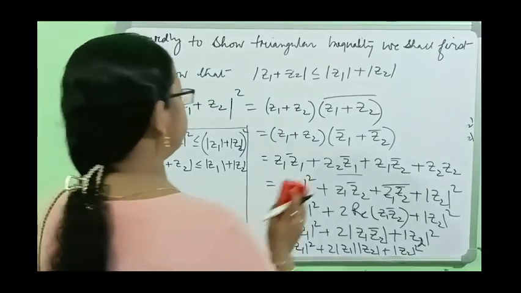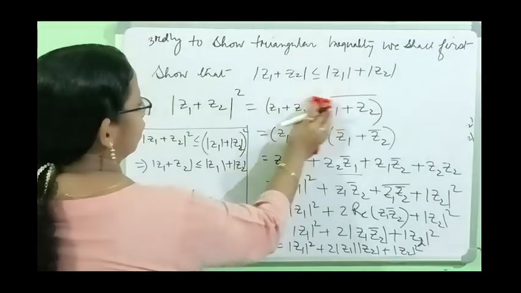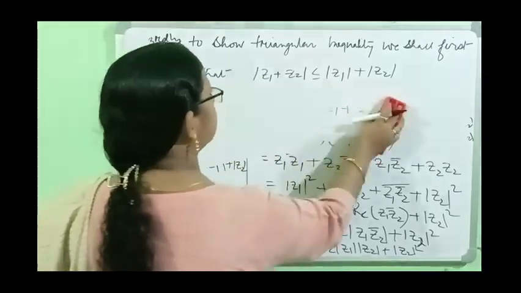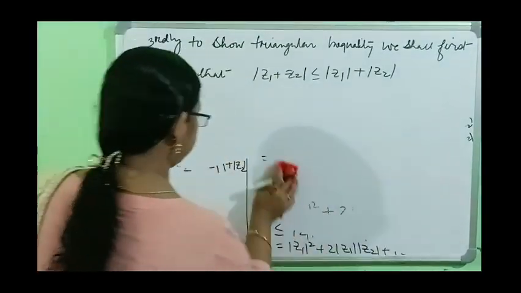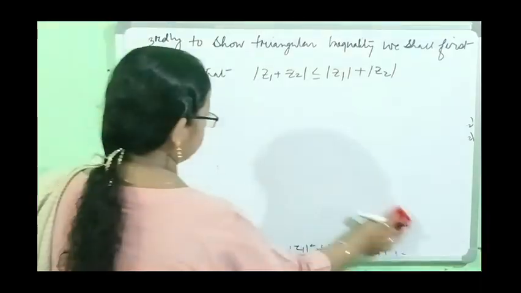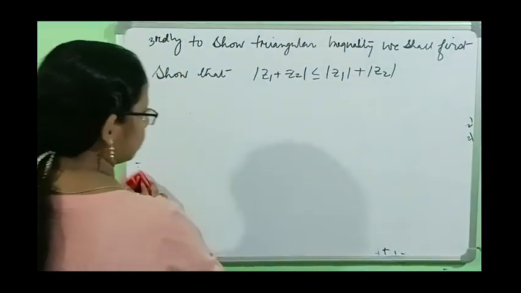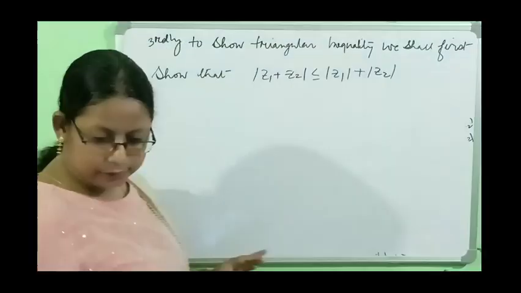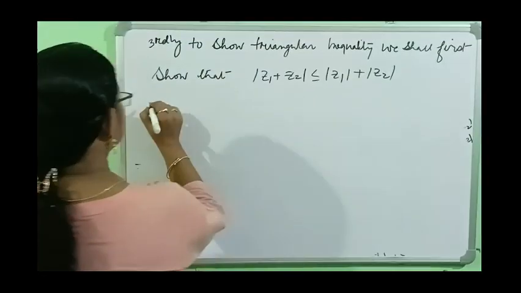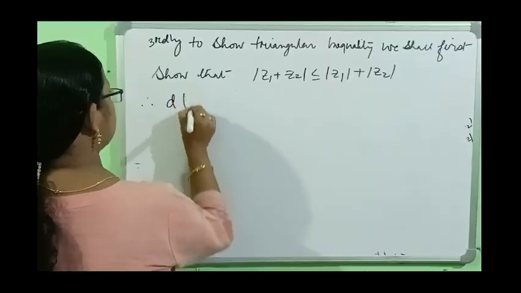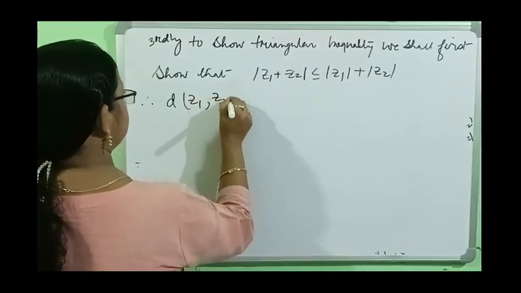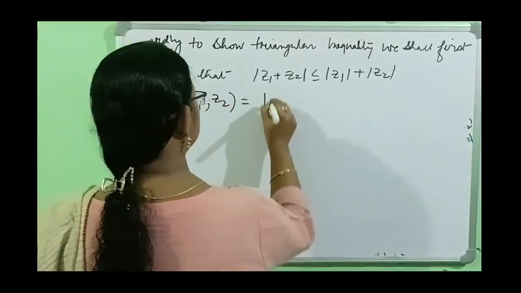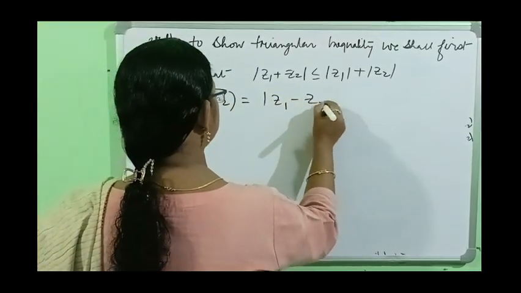Now we are going to prove the triangular inequality for the given metric. That is, d of z1 comma z2 is equal to modulus of z1 minus z2.